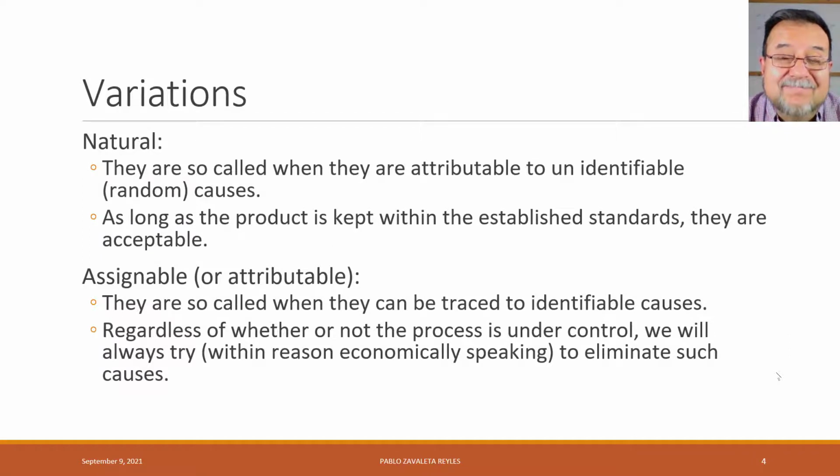With natural, as long as it doesn't hinder our product's specifications, we can live with them. Always remember the curse of variability. Variability is something that hinders operations, and we should strive to eliminate it as much as possible.